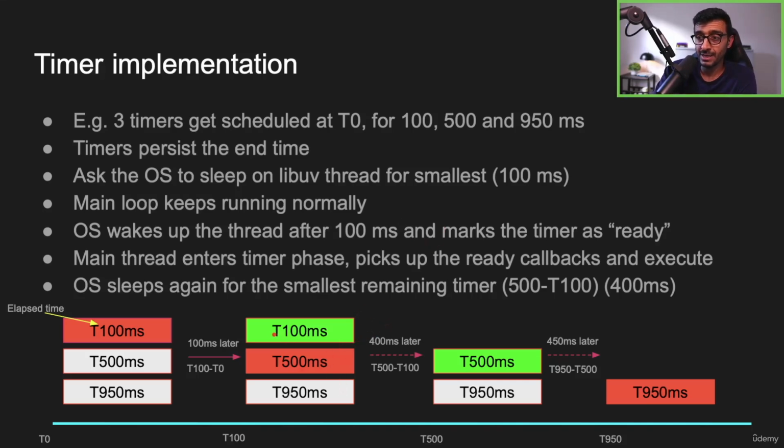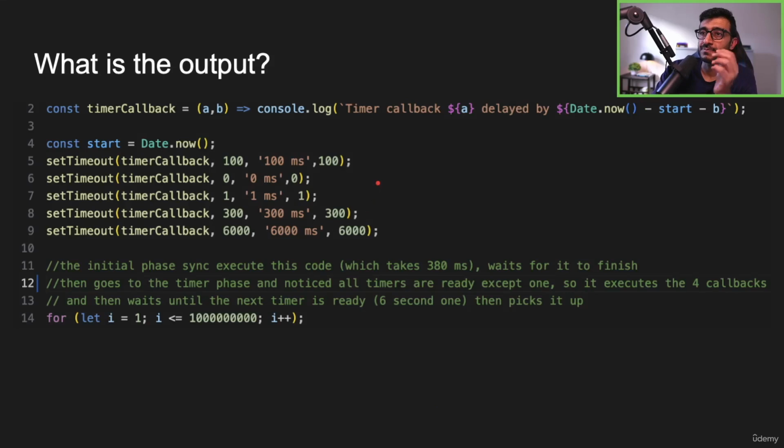Because sometimes you can schedule 100 milliseconds and 101 milliseconds, and somehow you got delayed by 3, 4, 5 milliseconds. So you pick up both callbacks and execute them at the same time in the same phase. So that's basically how it works.